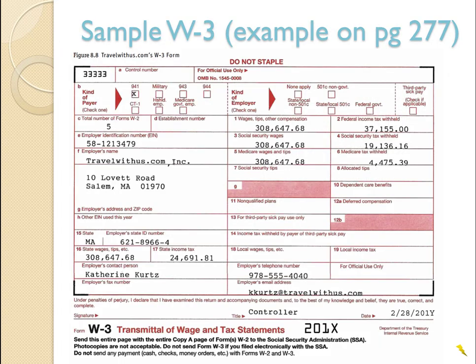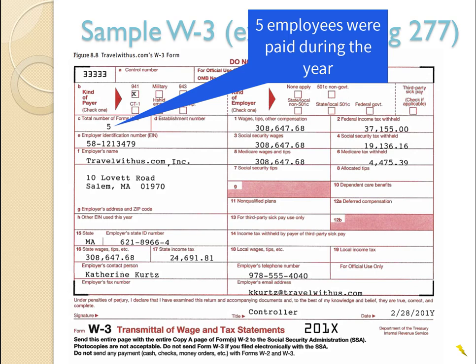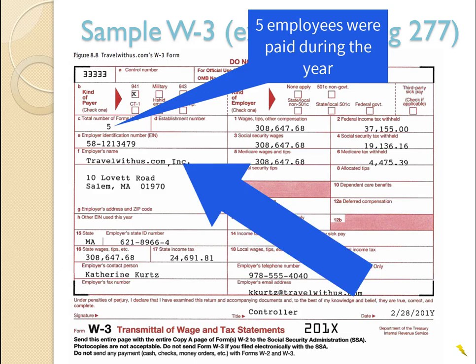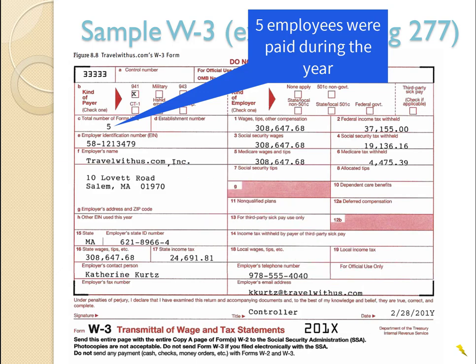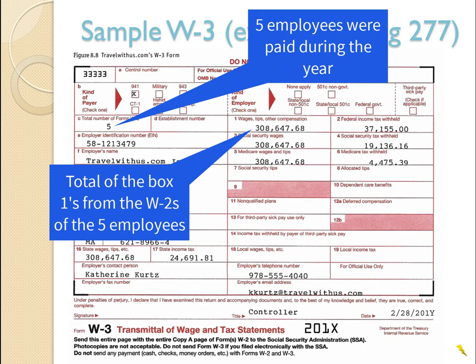So this is an example of a W-3. In box C, you have the total number of W-2s. So apparently the company, which is travelwithus.com, had 5 employees. And then box 1, you're going to add up all the box 1s of those 5 employees and put the total there.